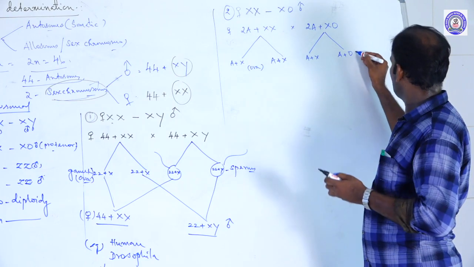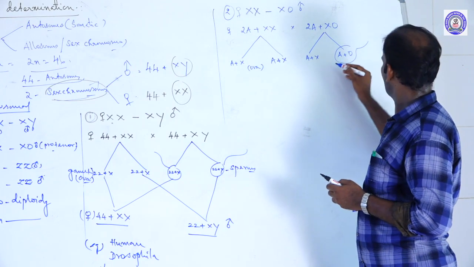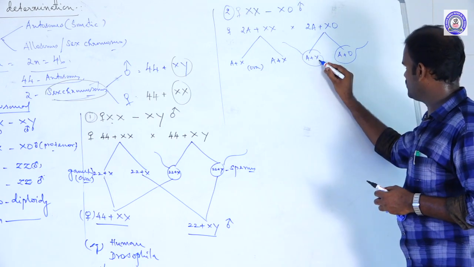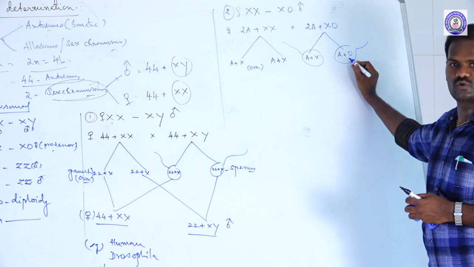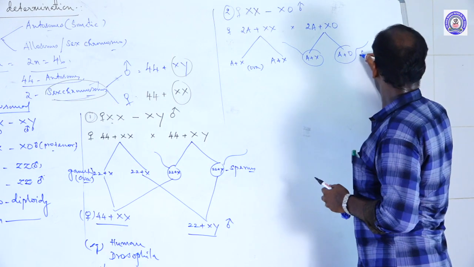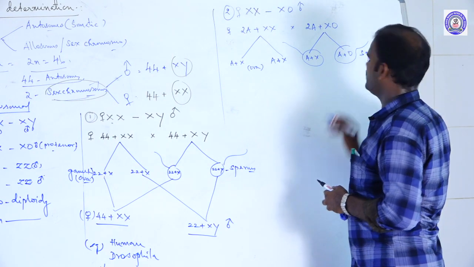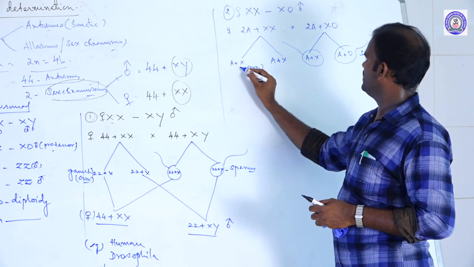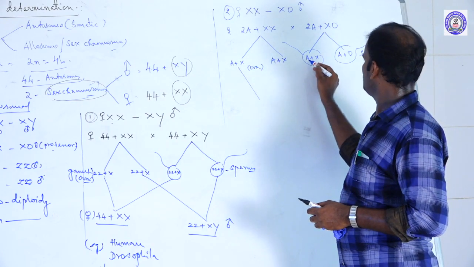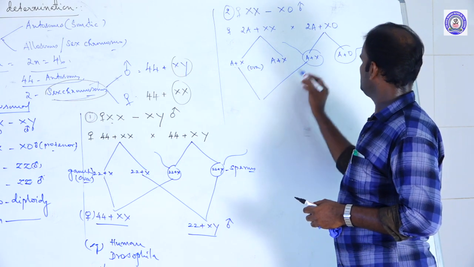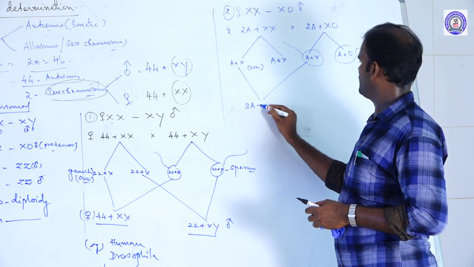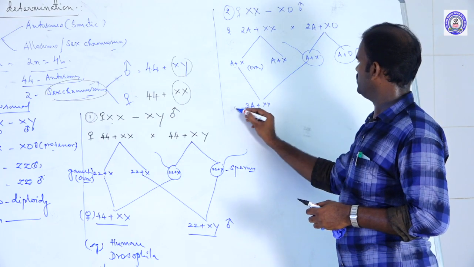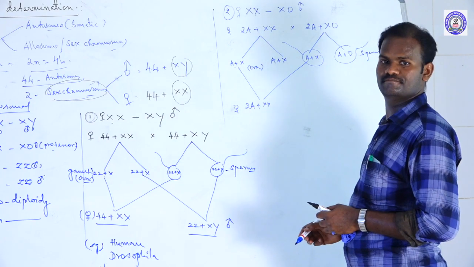In male, A plus X, then A plus 0. These are the sperms. One sperm carries the X chromosome, the other sperm has no sex chromosome. So two types of sperms are formed. Here the female gamete fused with the sperm, A plus A to A plus X plus X, so it is a female.